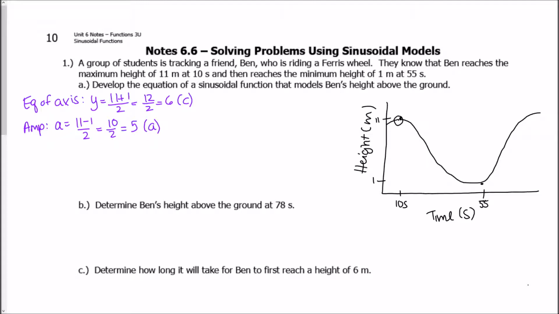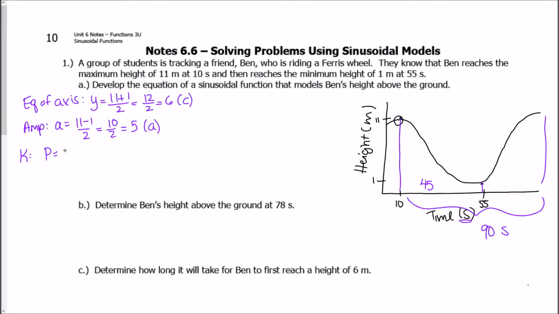Okay, now to find the K value, we need to know the period. And our period right here, we know that it will take, this is supposed to say 10 seconds. I'm going to erase the S because the S is right here. We know that it will take 45 seconds to complete half a cycle, which means that it will take a total of 90 seconds to complete a full cycle.